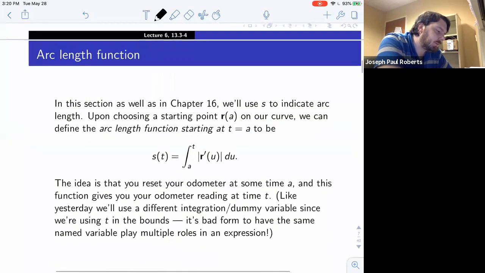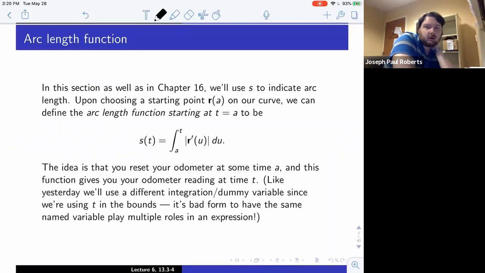All right, so let's continue talking about arc length. And so what we need to talk about next is something called the arc length function. Essentially it's the same as the arc length formula that we just talked about, except we're going to leave it as a function of t.